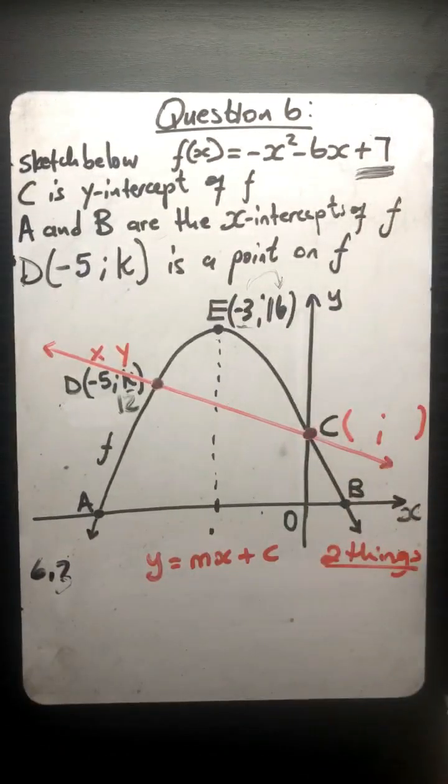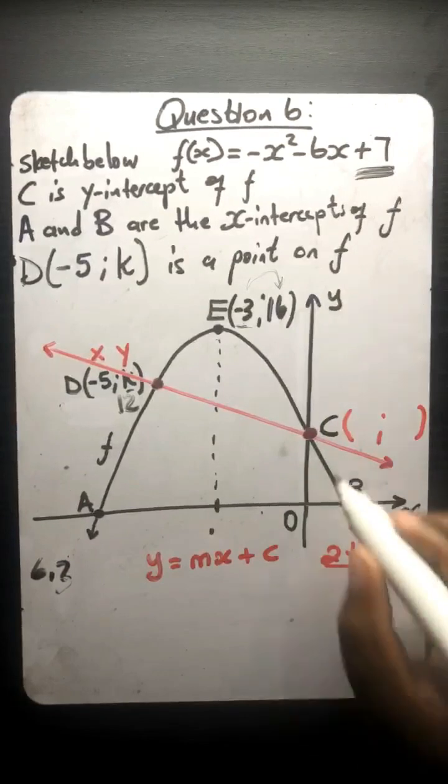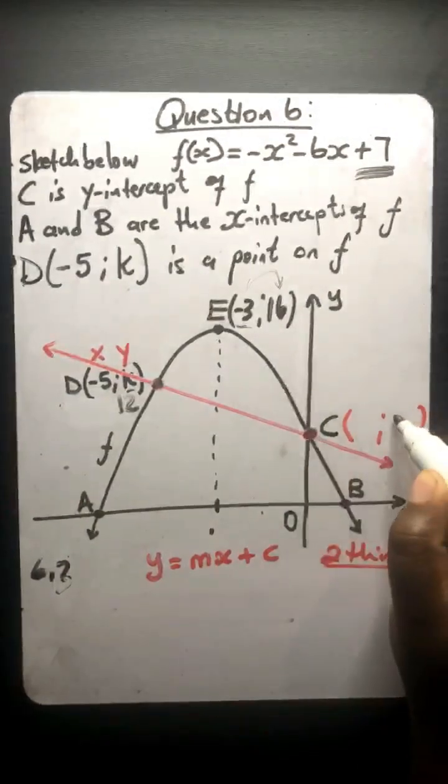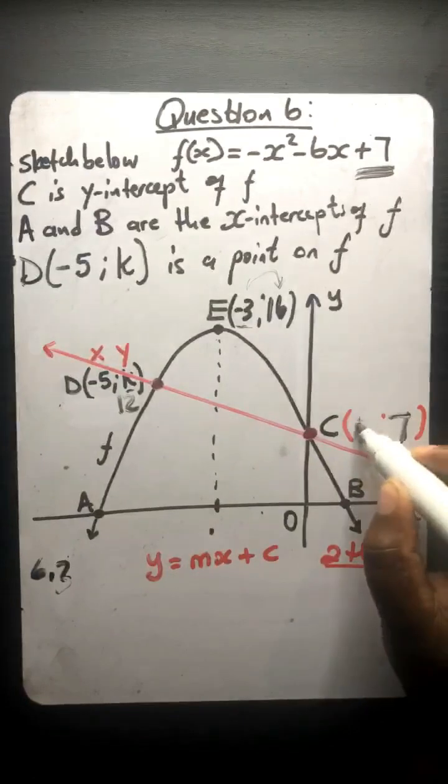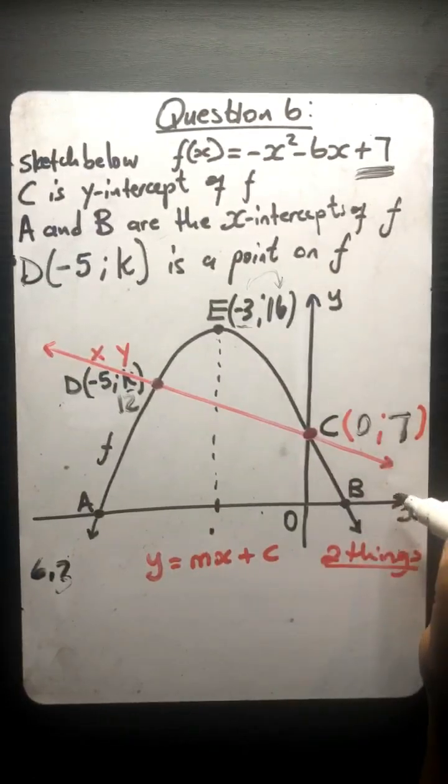So your y there is positive 7, and obviously that's where C is, with x equal to 0.